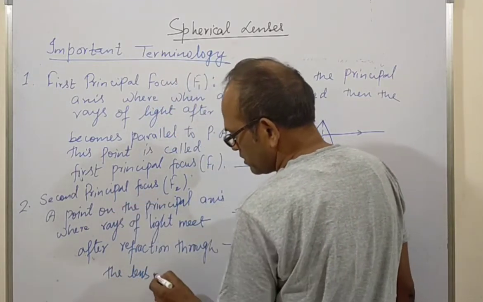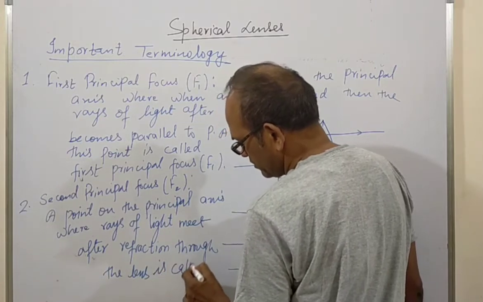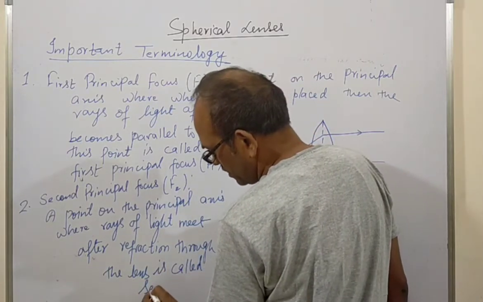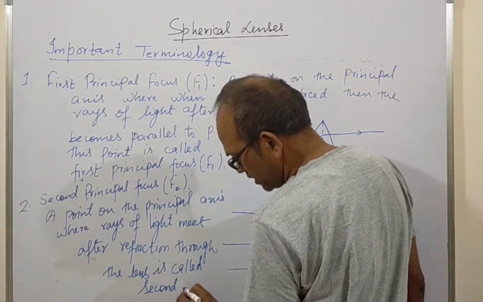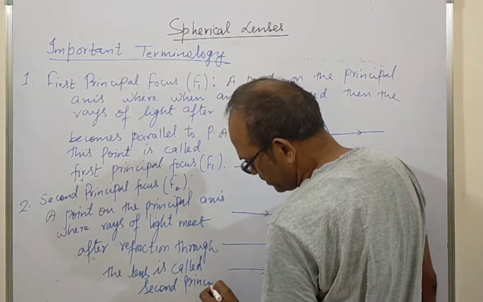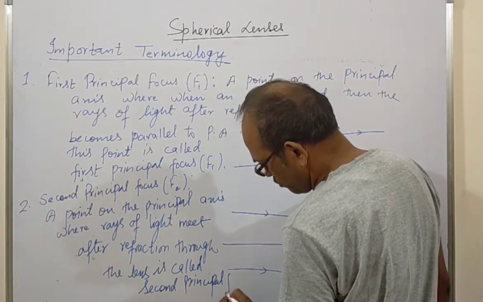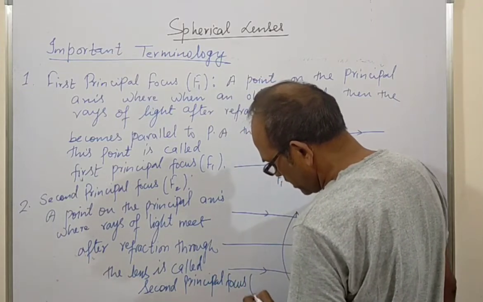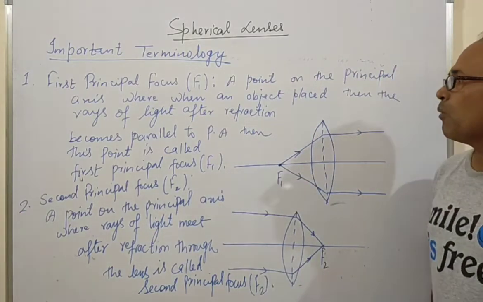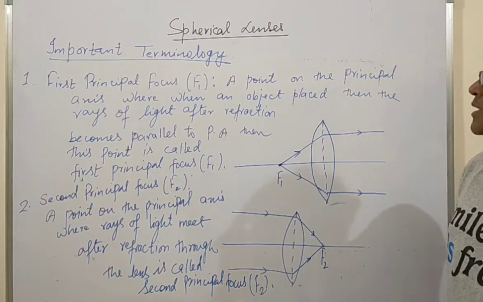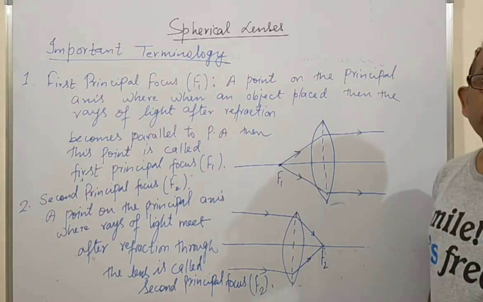Okay, it's called second principal focus, or F2. Okay. Now, what if we take a concave lens?